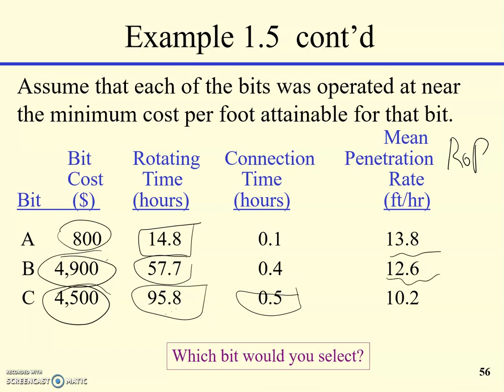This one is more expensive, so it has a higher penetration rate, and this one, which is slightly less expensive than drill bit B, has a lower value for the penetration rate. So this is important. You see there is a combination of parameters. Some of the bits are faster and cheaper, some of them are more expensive but slower, but they have, on the other hand, higher rotating time. So all these come together into that equation and tell you to select the best bit.